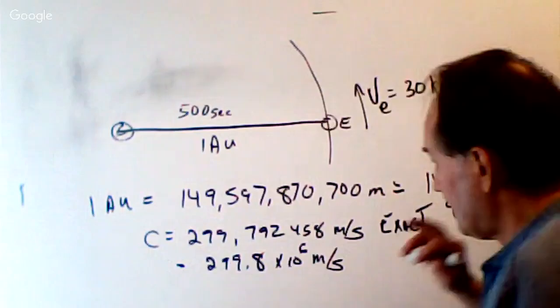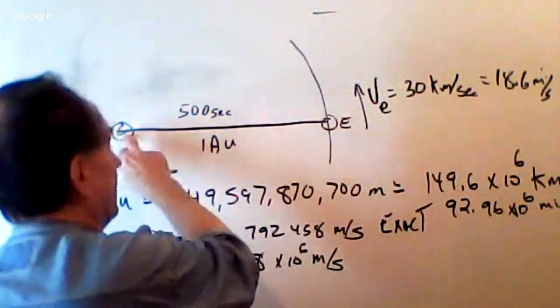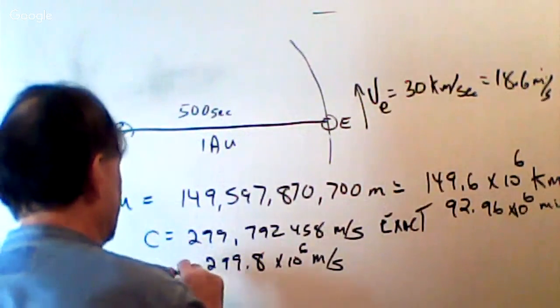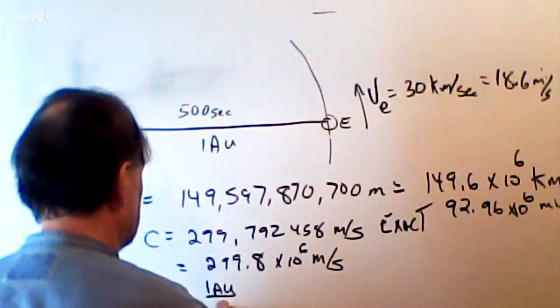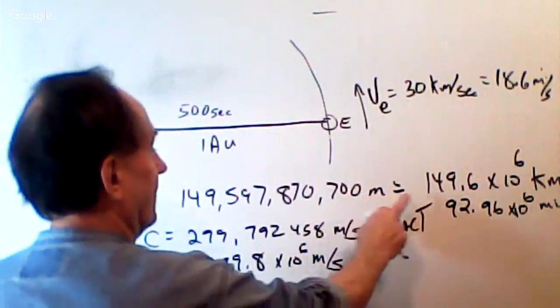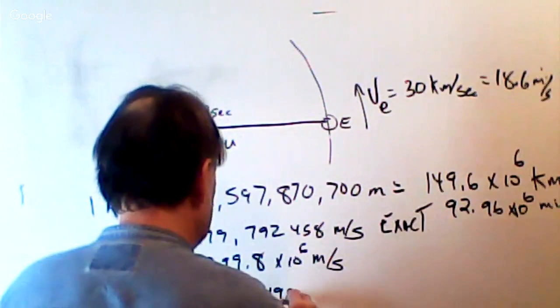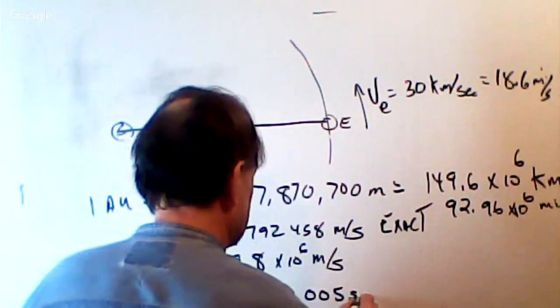Now, if we take the distance that the signal travels from Earth to the sun and divide by its speed, which is the speed of light, we get the time that it takes. So 1 astronomical unit divided by the speed of light. If I take this number, divide by this number, we get 499.005 seconds.